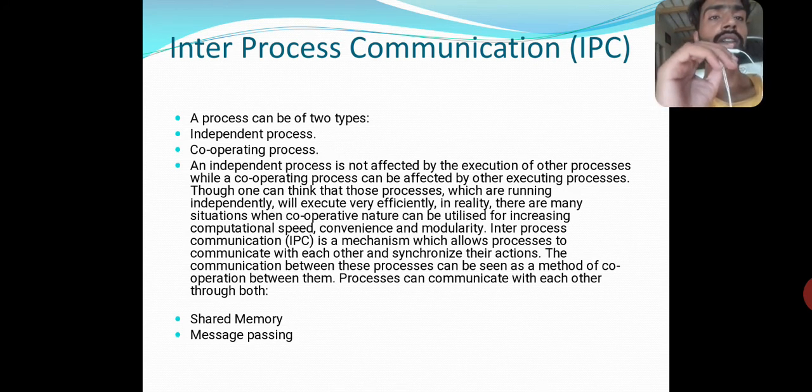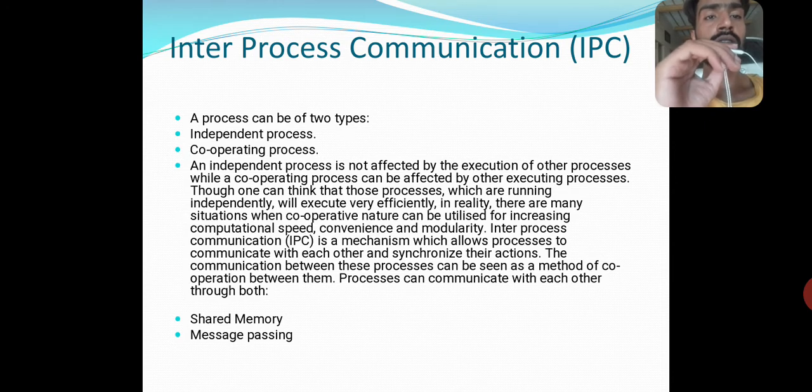Inter-process communication, IPC. A process can be of two types: independent process and cooperating process. An independent process is not affected by the execution of other processes, while a cooperating process can be affected by other executing processes.